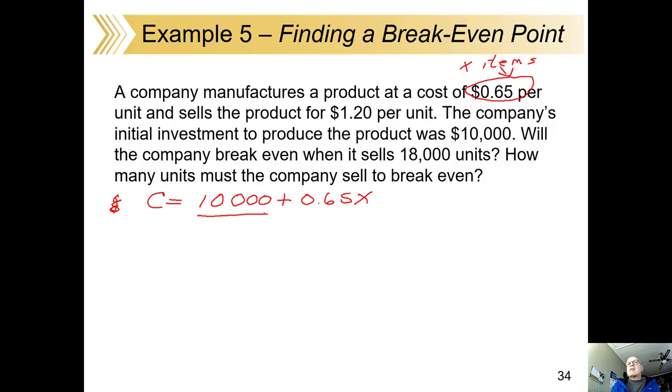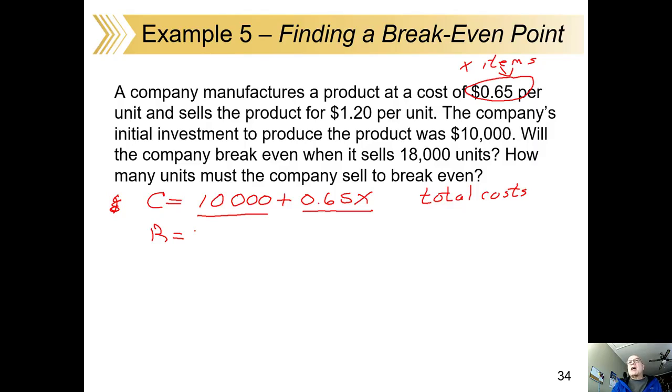This is called fixed cost because it doesn't change. This is called the variable cost because it depends on how many items you want in your store. Next, that's how much the cost is, the total cost. Put that out here. Total costs. How about the revenue? What's the money coming in?